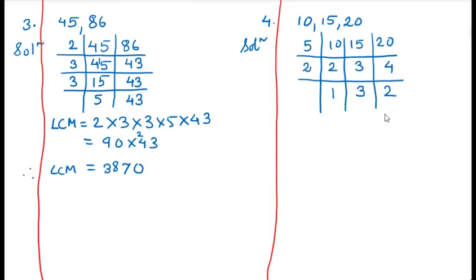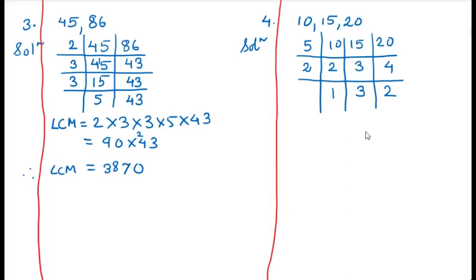Now at the last row we have got the numbers 1, 3 and 2. 3 and 2 both are prime numbers, so we have to stop now. That means we have got our LCM. So what is our LCM? Yes, again the numbers from first column and last row will be our LCM. We'll write it down.